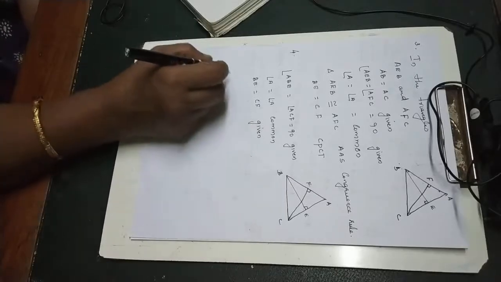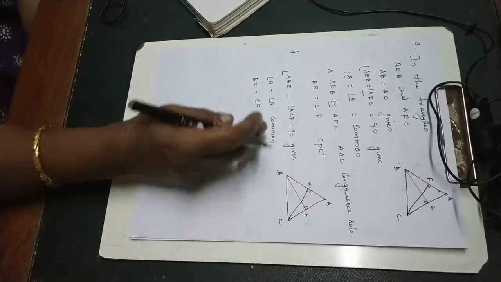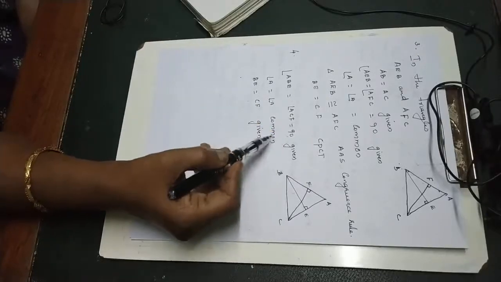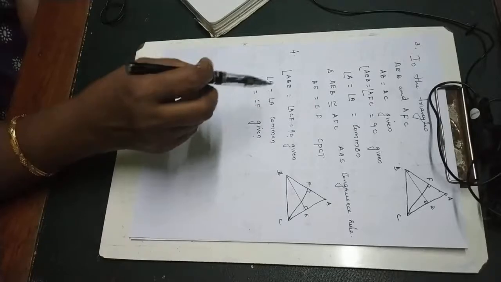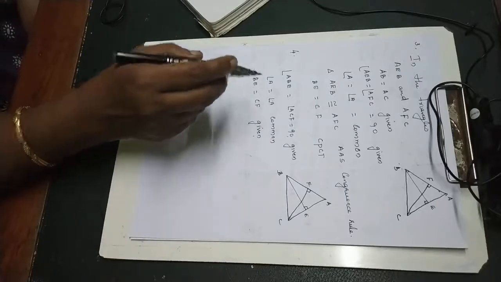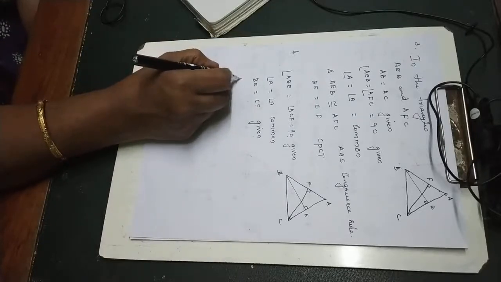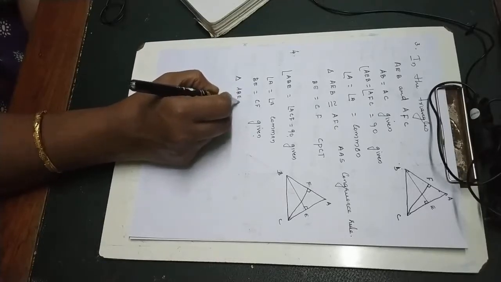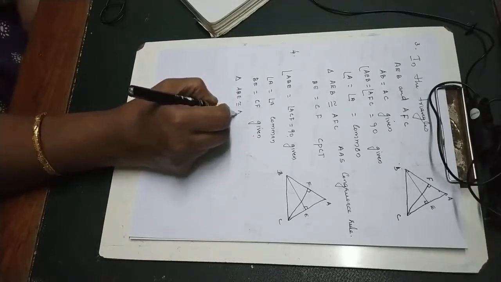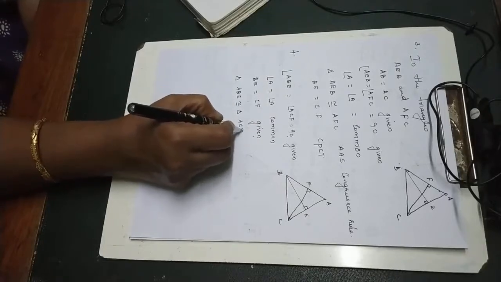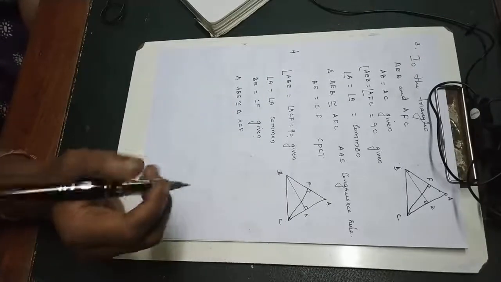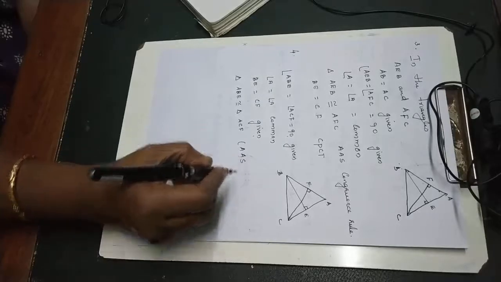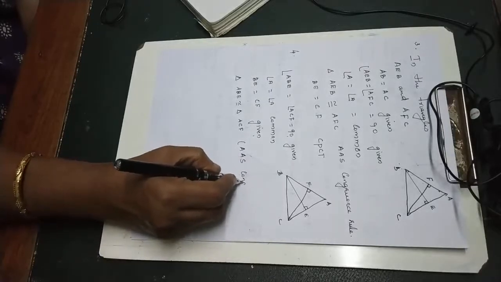So by AAS, that is two angles and one side, triangle ABE is congruent to triangle ACF. Okay, so which congruence rule? AAS congruence rule.